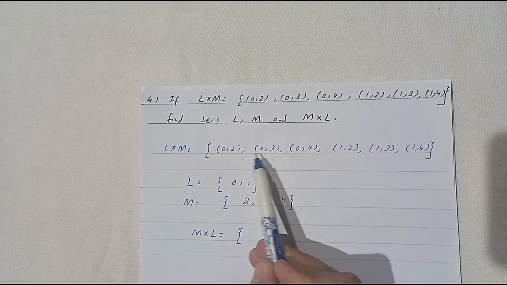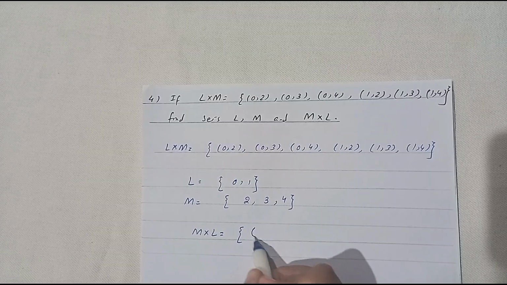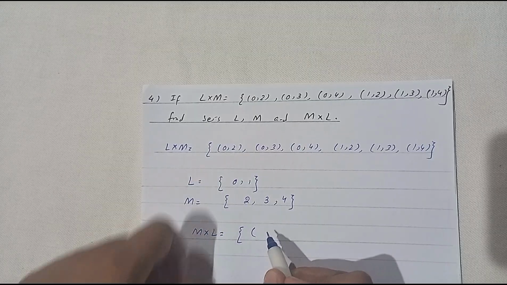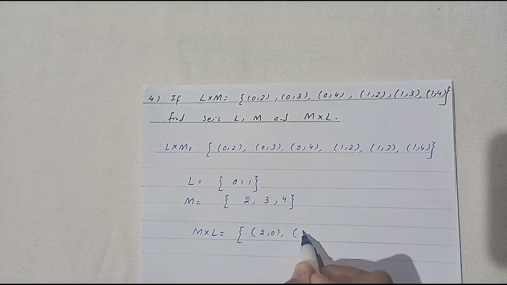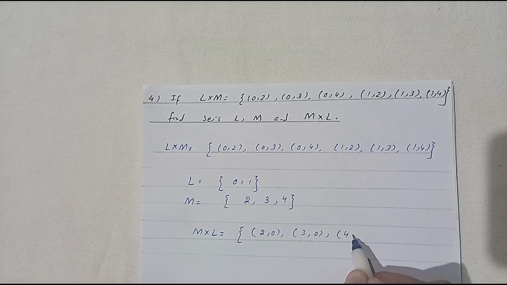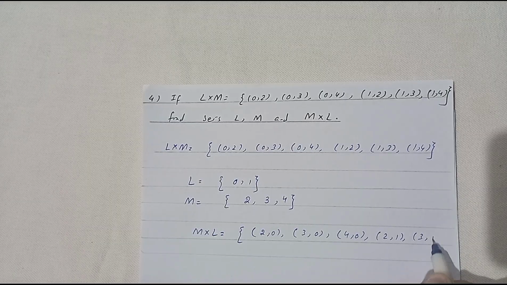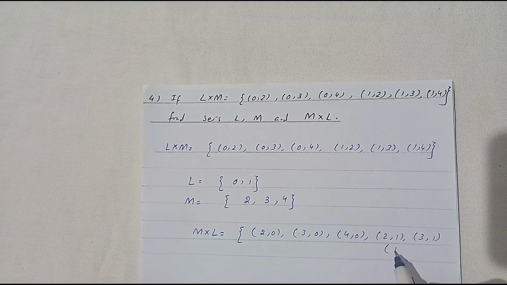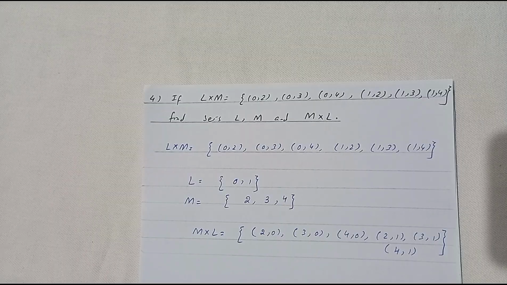If we interchange the position of X and Y elements, then we get the cross product of M cross L. So the first ordered pair is 0, 2, now it becomes 2, 0. Second is 3, 0. Interchanging the position of X and Y, now it is 4, 0; 2, 1; 3, 1; and 4, 1. So here we find all the elements of the sets L, M and M cross L.